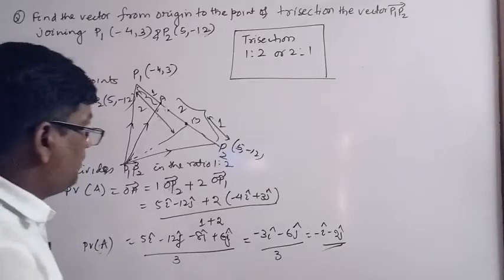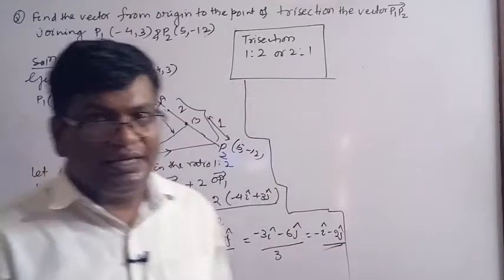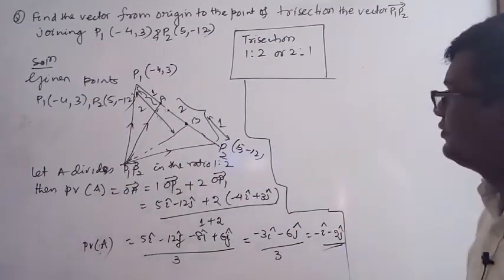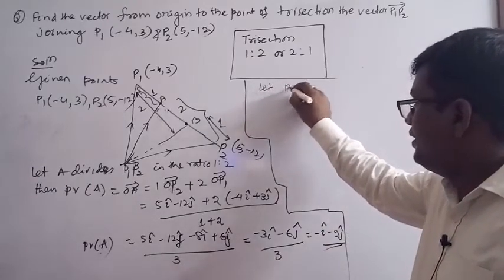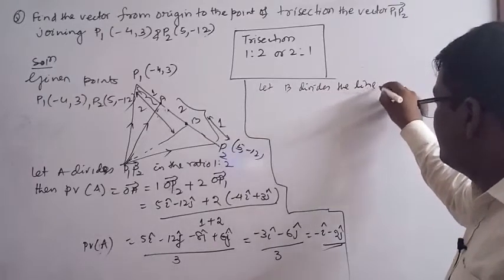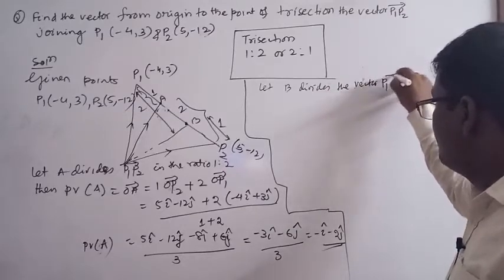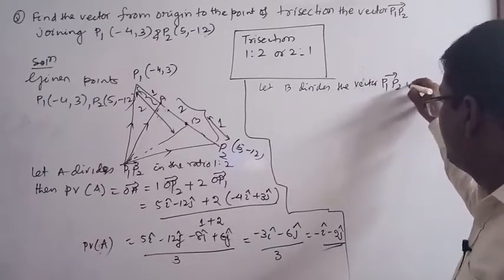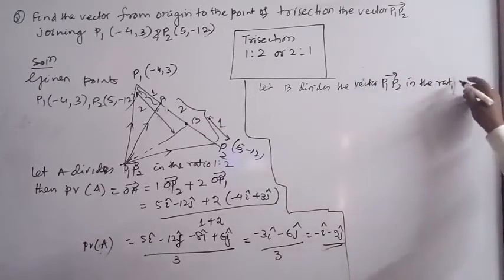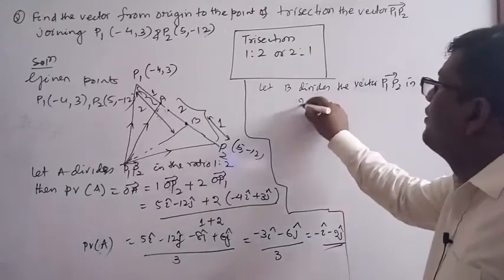Now the position vector of B. Let B divide the line segment P1P2 in the ratio 2:1.